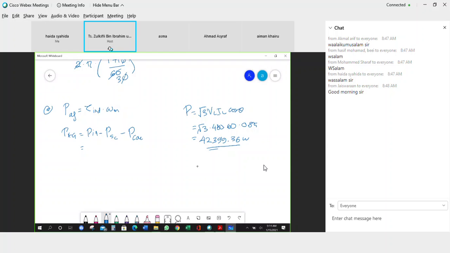So your input power, 42,399.36, minus the given stator copper losses of 2 kilowatts, which is 2000 watts, and the core losses, where's the core losses? The core losses are 1800.